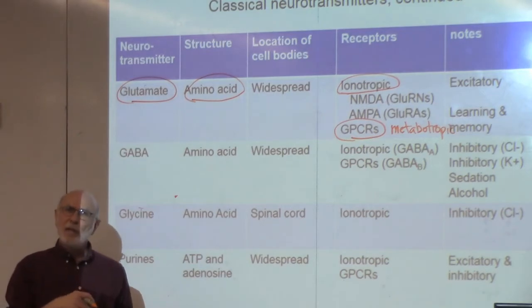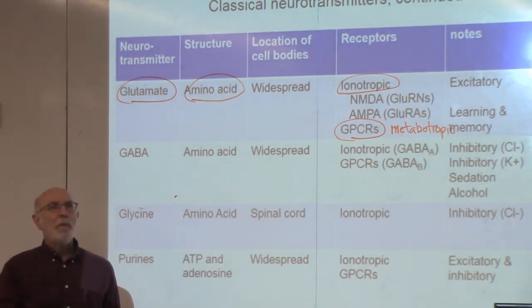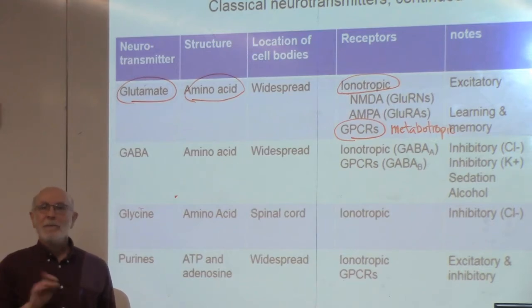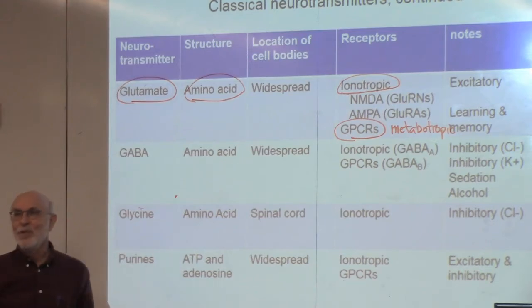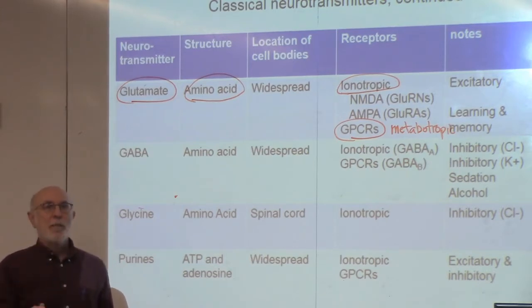So you could go back to muscarinic receptors and say, are muscarinic receptors metabotropic receptors? And the answer is yes. But the M's get confusing, so that's why I put this new M word here. Muscarinic receptors are metabotropic receptors for acetylcholine.